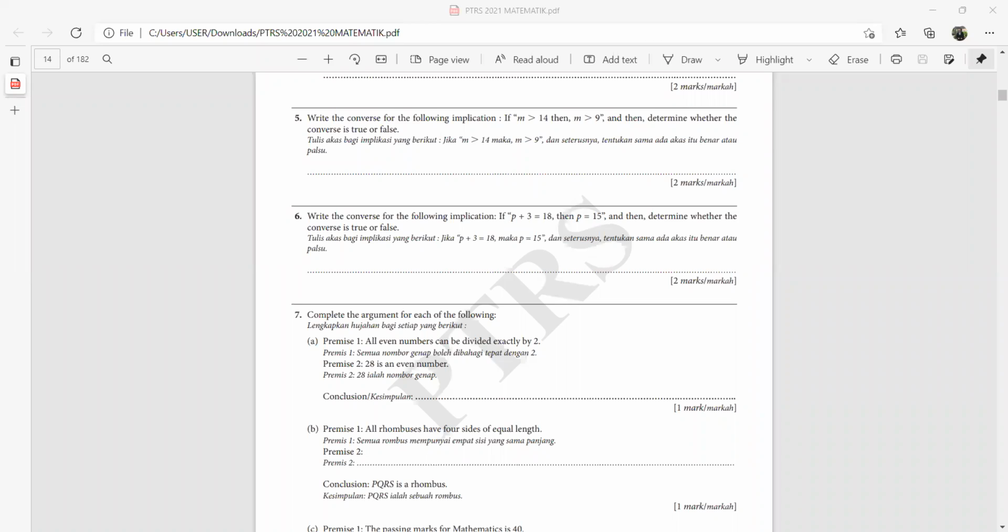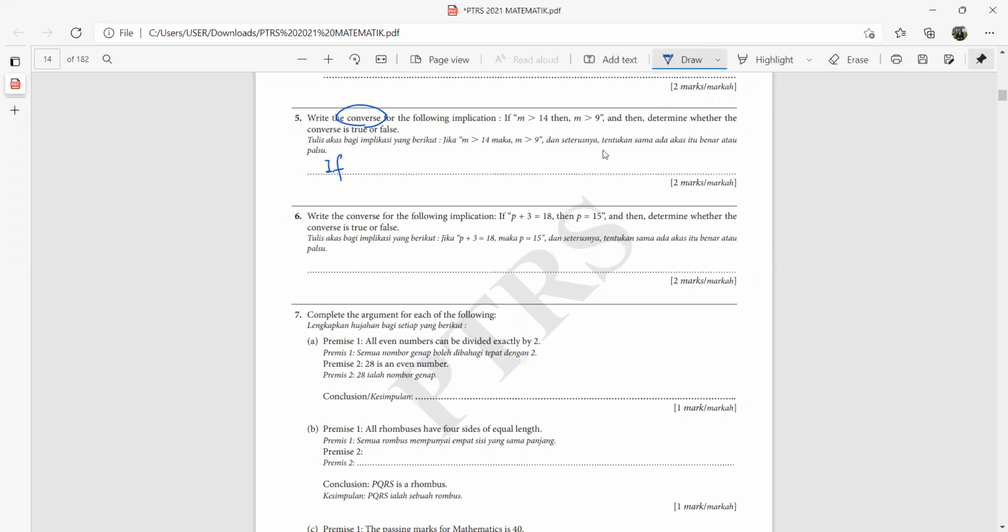So everyone, what's the answer? This is another question. Now write the converse. Very good, Yi Cheng. That means write the converse and then see whether it's true or false.